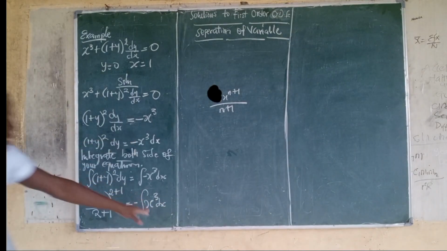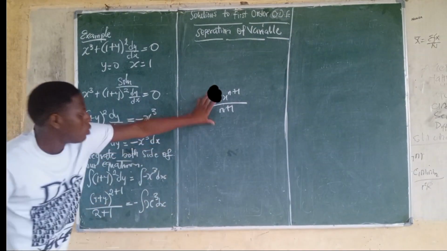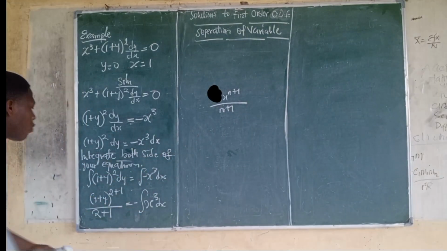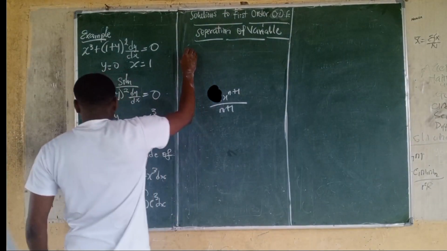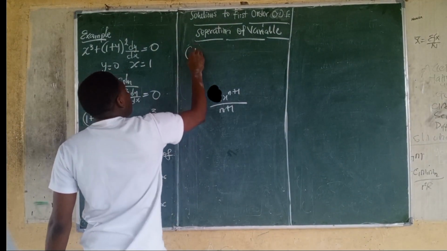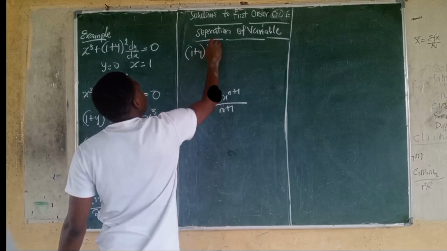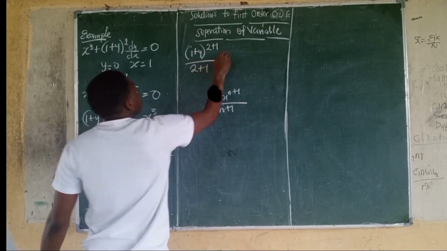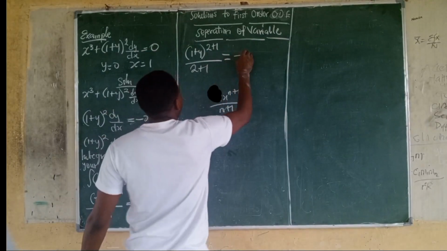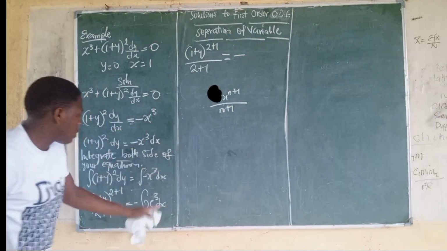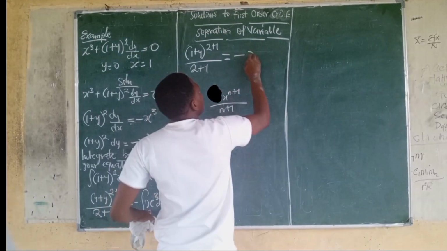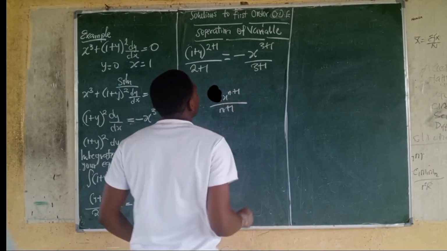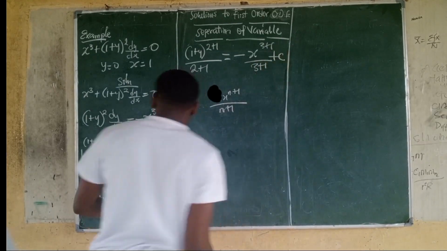We can apply the same concept here, so we have (1 plus y) raised to the power of 2 plus 1 over 2 plus 1, equal to minus x raised to the power of 3 plus 1 over 3 plus 1 plus c, because we are done integrating.